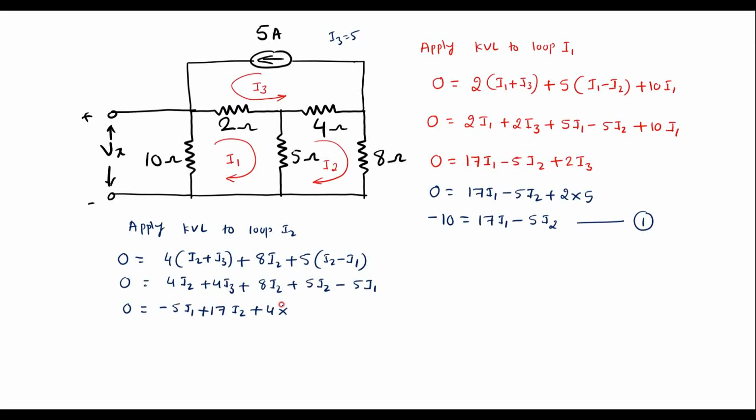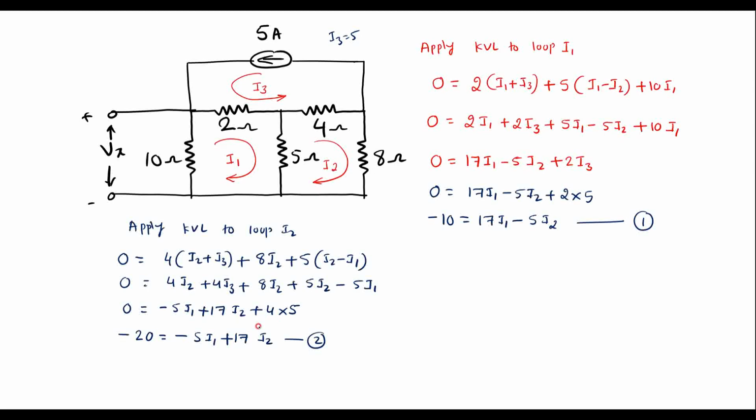I3 value is 5. So further, 5 into 4 is 20. I will take it on the other side. It will be minus 20 is equal to minus 5 I1 plus 17 I2. Call it equation 2.